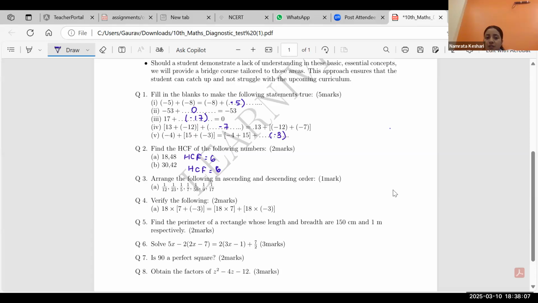Next one, you have to arrange it in ascending as well as descending order. This also doesn't require any simplification. Okay, nothing is required, no pen and paper.